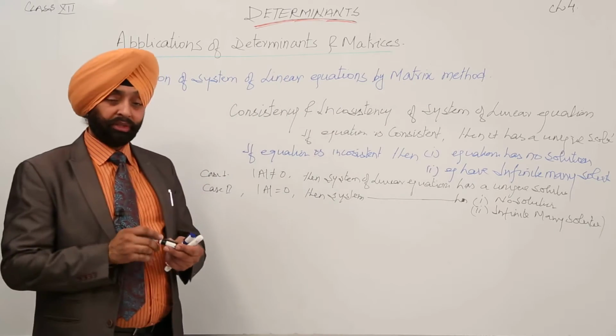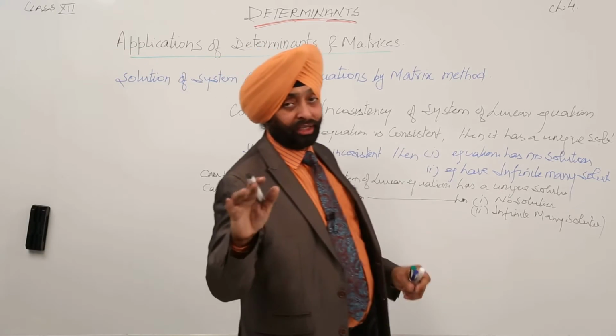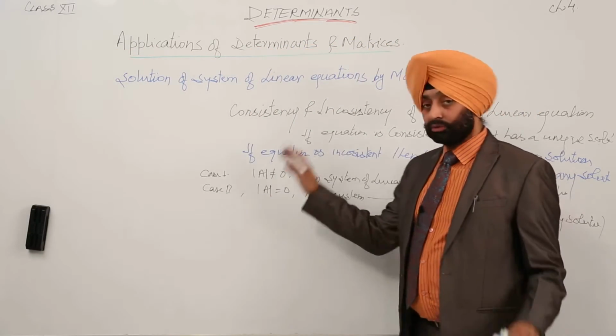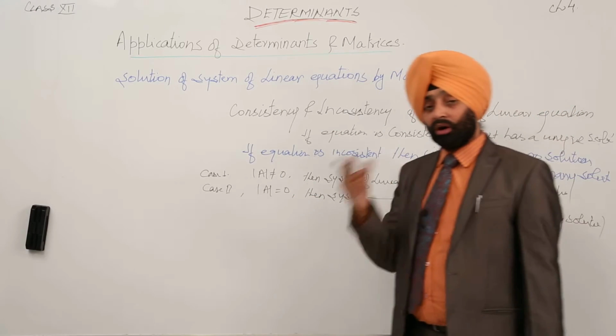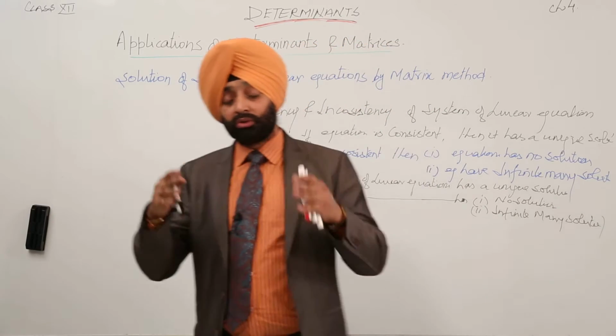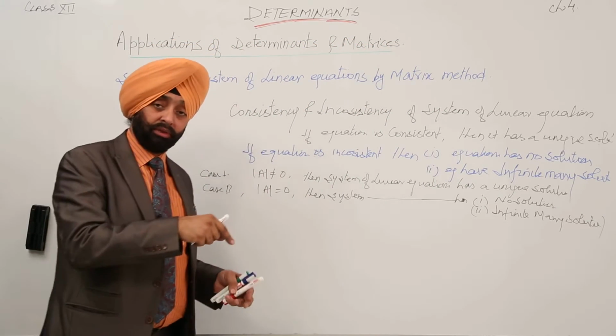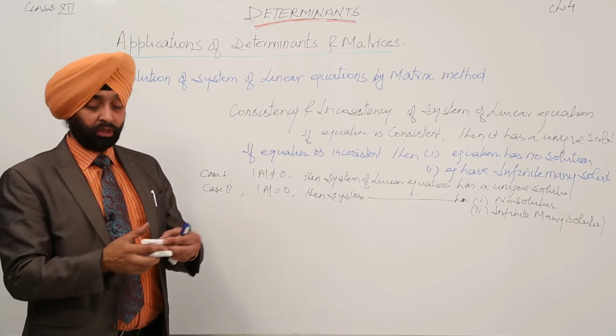Now we have a simple funda here. Determinant A is not equal to 0, unique solution. Determinant of A is equal to 0, then either no solution or infinitely many solutions. So what to do to separate these two?